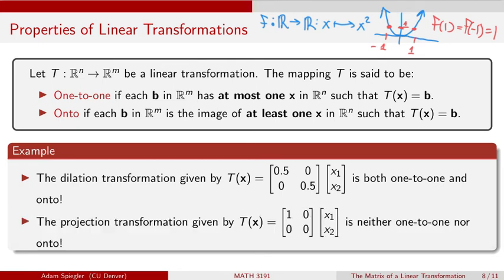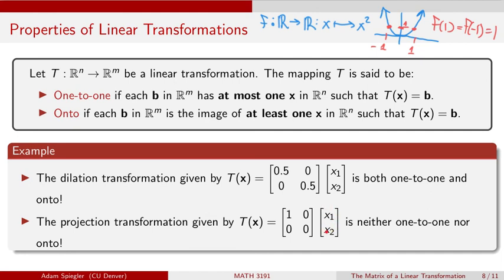The last transformation that we took a look at in the previous video was the projection. And remember, that smushed the elephant. In that case, that map is neither one-to-one nor onto, since the image of this map is going to wind up with the second entries all being 0. So in this case, every point in R2 is actually getting mapped to a point on the x1 axis.